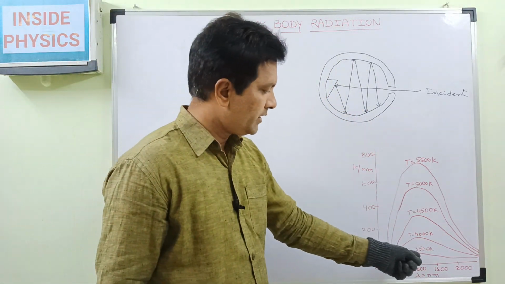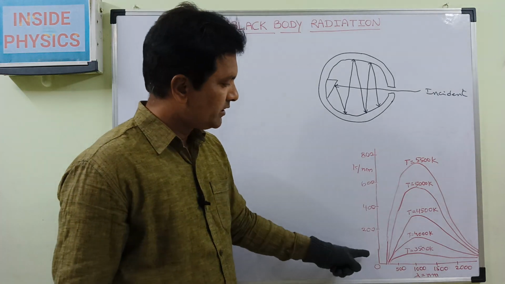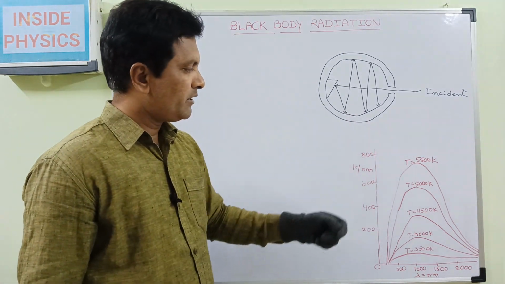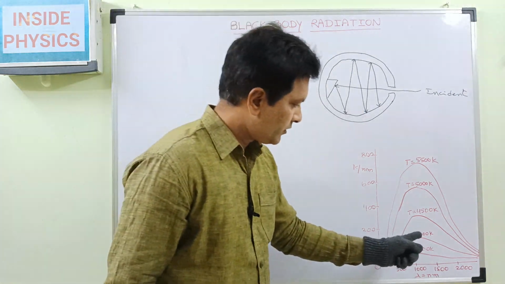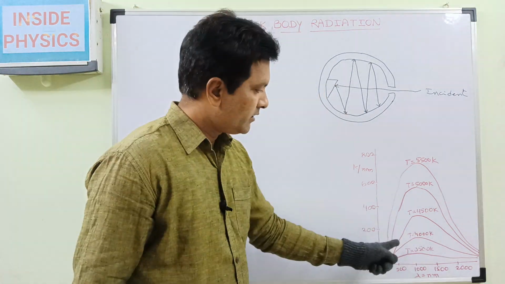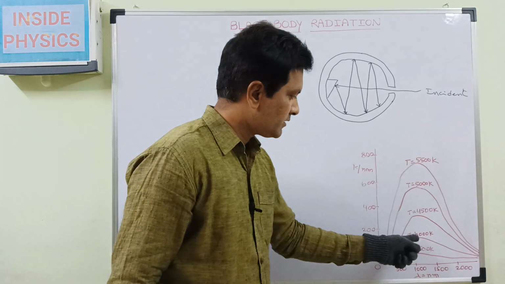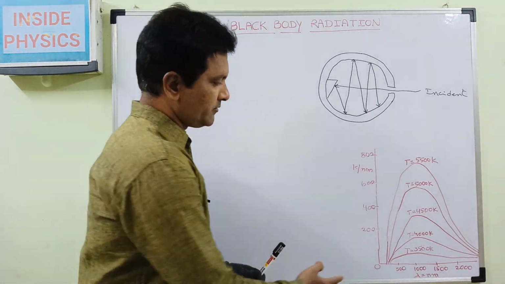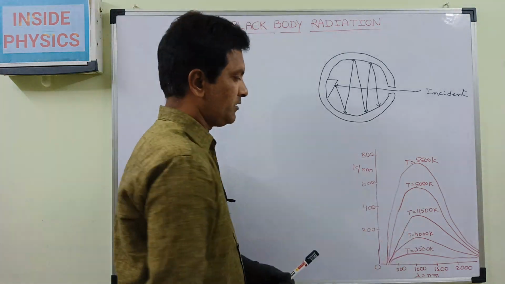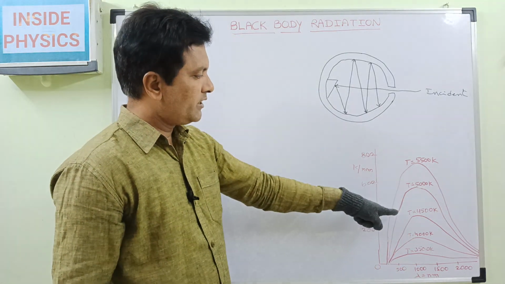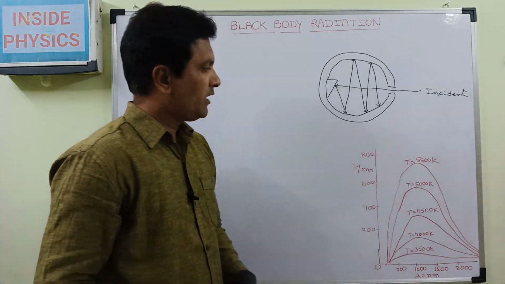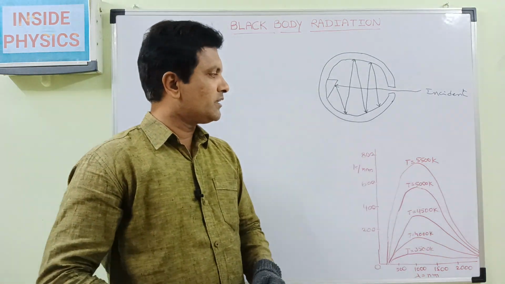There is a small peak, and the radiation intensity is also low, between 0 and 200 kilowatts per nanometer. At 4000 K, the graph has a higher peak, increased above this plot.